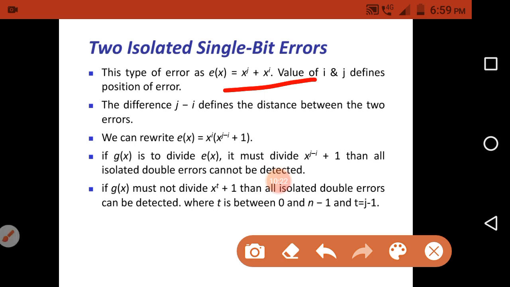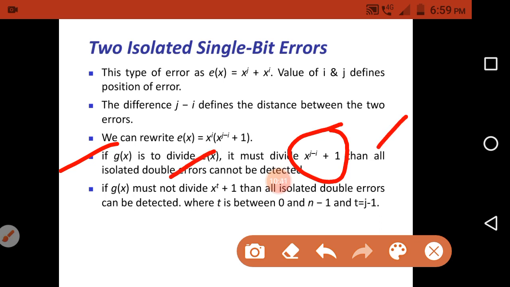You can also rewrite this particular error equation in this form. And here, next point, if g of x divides e of x, it must divide x^(j-i) plus 1, then all the isolated double errors cannot be detected. What is the meaning of this sentence?